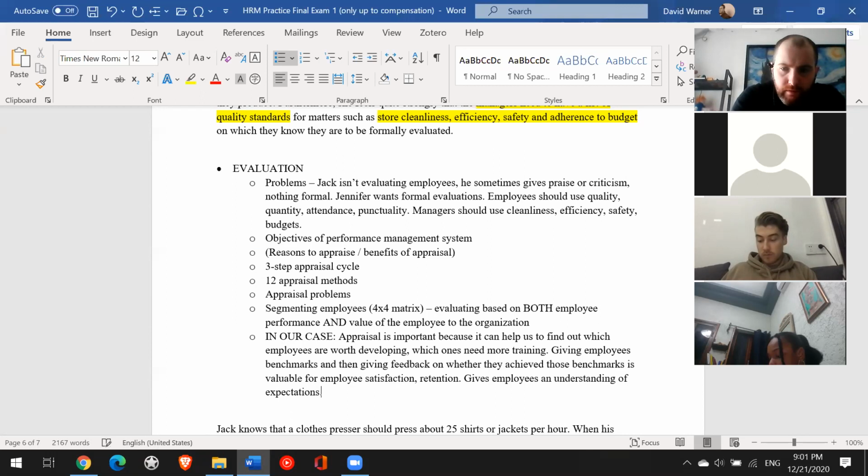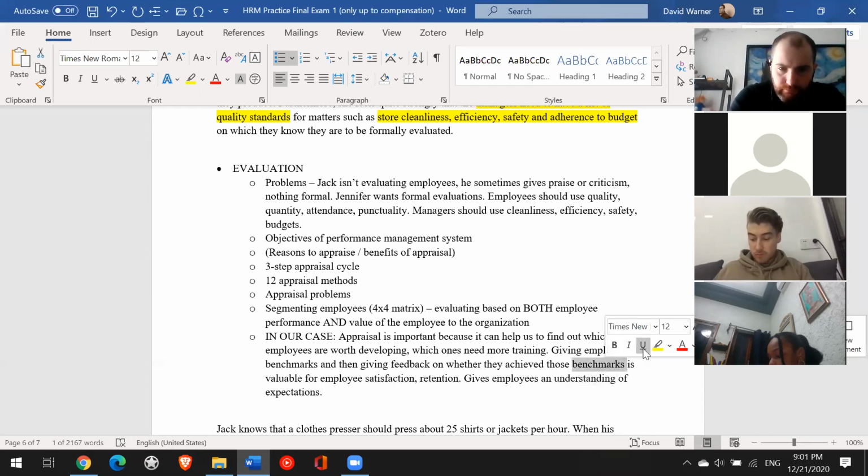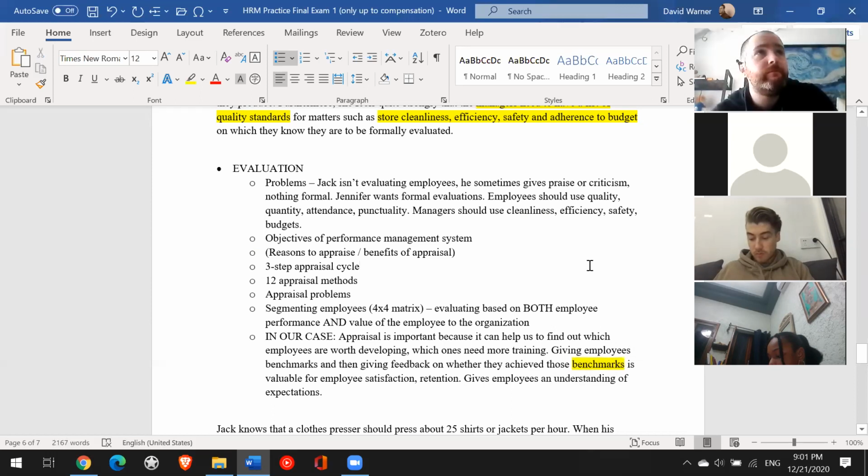Okay. I mean, there is more stuff about motivation or growth or allowing employees to express themselves, and you could say it whatever way you want. But first, I would say, why is it important to Jack? Then, in terms of the reason, benchmarks is a really important word when we're talking about this, right? Because it's in the 3-step appraisal cycle.